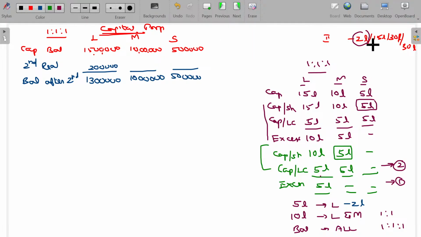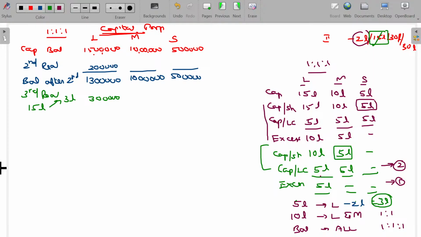Now we'll go for the third realization. In the third realization, we get how much? 15 lakhs. In that 15 lakhs, from 5, 2 is subtracted, 3 lakhs. We have to pay only for whom? L. So 3 lakhs is payable only to L. After paying this 3 lakhs to L, the balance payable to L being only 10 lakhs.